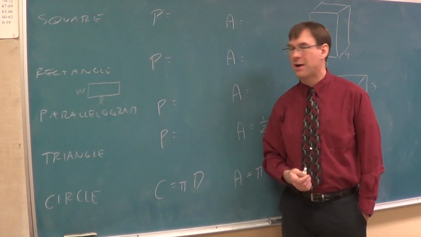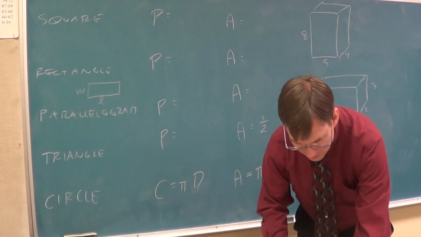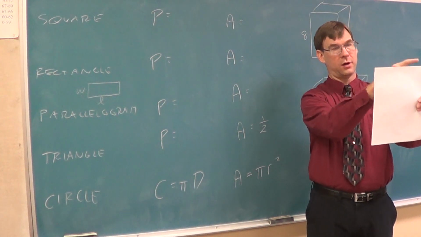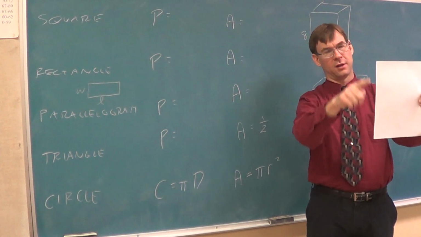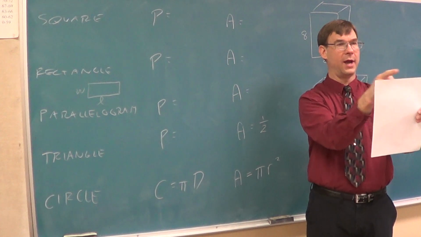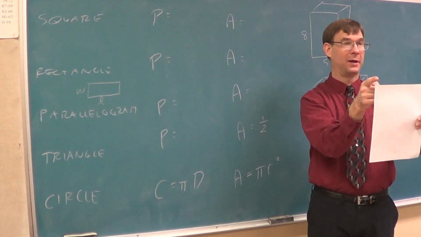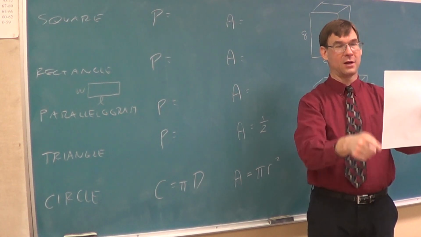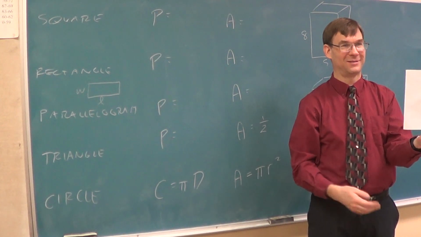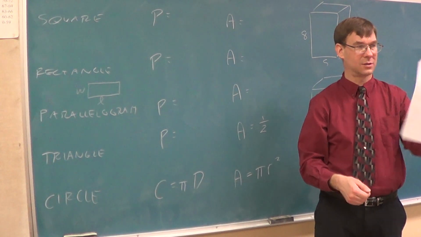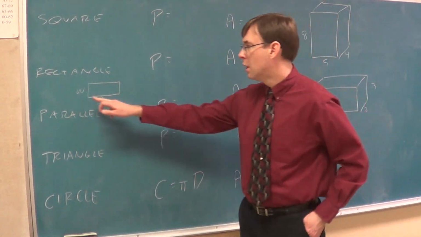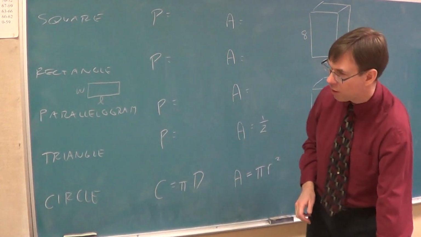It doesn't really matter which one you call what, because if you insist the width could go this way, I can show you the width can go this way if I feel like it. Just turn the paper. It doesn't matter what you call what. But for rectangles, one of these would be called the width, one of those would be called the length.